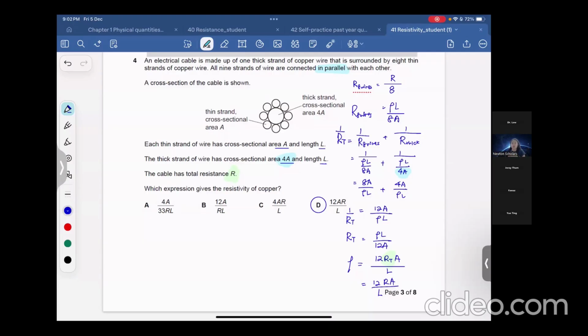I cannot just combine all. So I settle the 8 thin ones first because they have the same resistance, same area, same length. Then after that, I find the total. From the total, I include the resistivity formula, so I will get the rearranged formula, only mathematics.